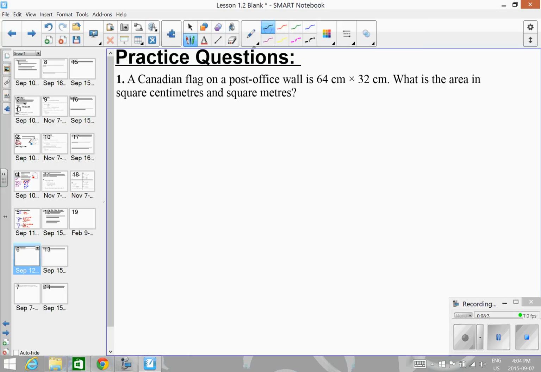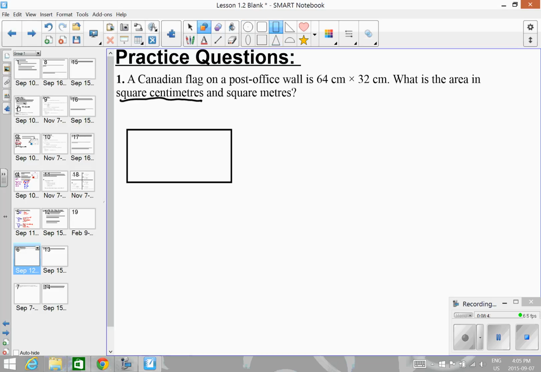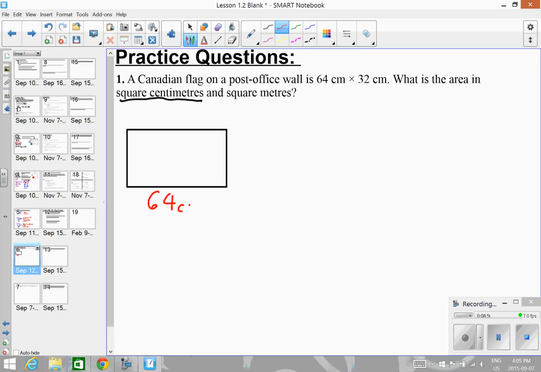So I am going to do the square centimeters part first. All right, there's my Canadian flag, and it is 64 centimeters by 32 centimeters. So to figure out my area in square centimeters, I'm just going to use my formula for a rectangle. It's length times width.